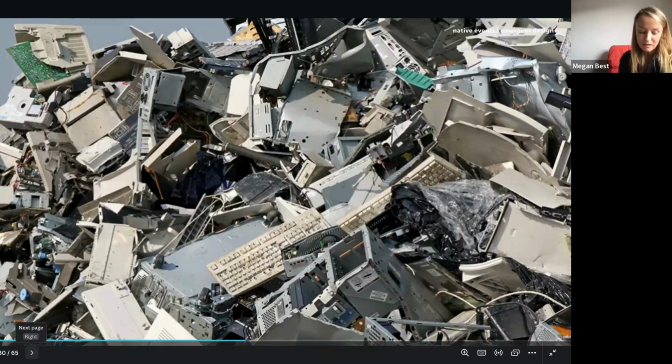Improper handling can release these toxins into the environment, and often they are improperly handled and disposed of, which poses massive health risks. And of course, the growing demand for electronics contributes to the depletion of our natural resources, including those rare earth elements and precious metals. So mining for materials like cobalt in the Democratic Republic of Congo often involves hazardous working conditions and environmental destruction. So a circular economy around e-waste is really, really important to move towards.